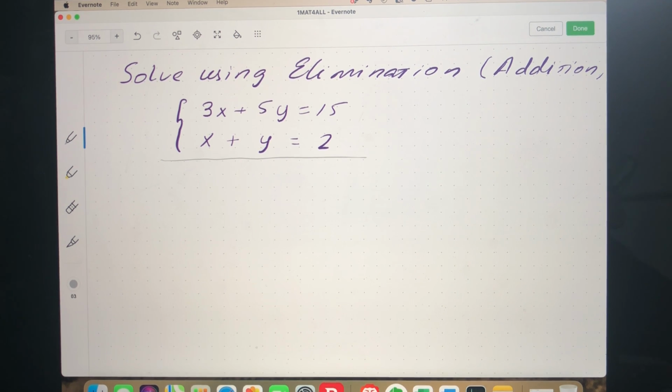So if we have this equation, 3x plus x makes 4x, 5y plus 1y makes 6y, and 15 and 2 is 17. So even though we added the two equations, nothing happened. Nothing that we could use, because we now have one equation and two unknowns, 1, 2.